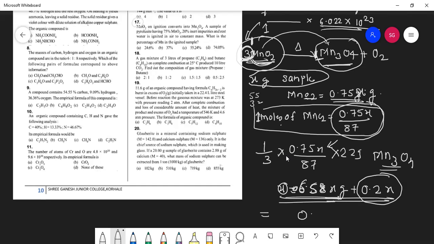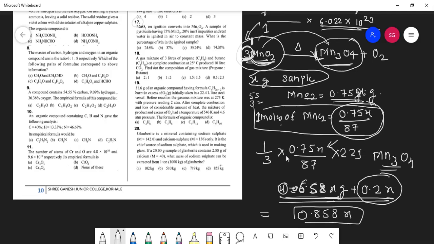Is it coming 0.858x? Yes, students. So this is the total impurity, students.